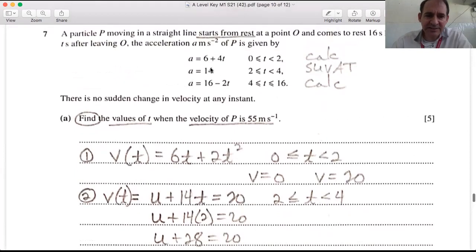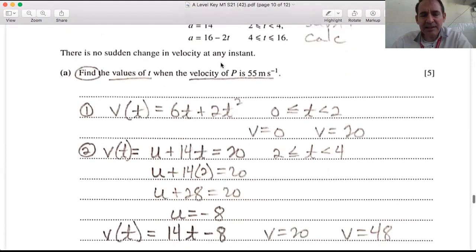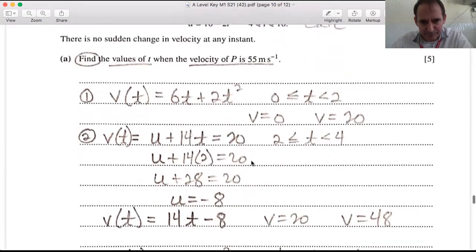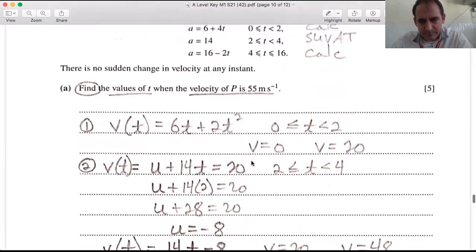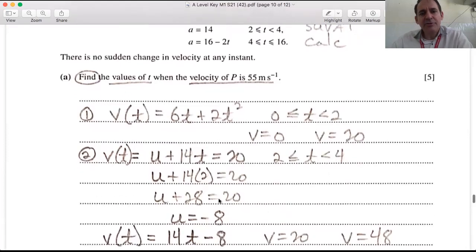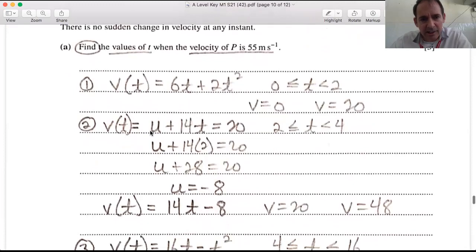Then we go to our second one. Our second one is constant. Okay. So because it's a constant acceleration, that means your velocity is going to be linear. Okay. So when we look at this, our final velocity is going to be our initial velocity.